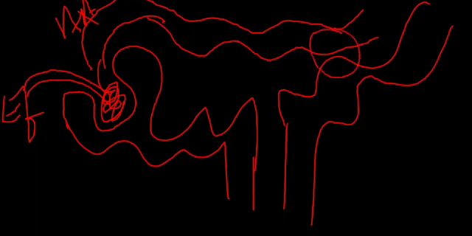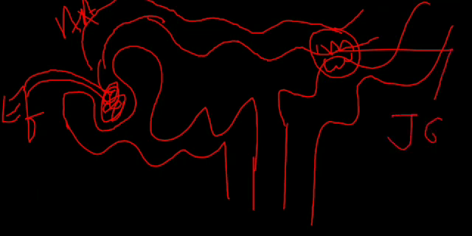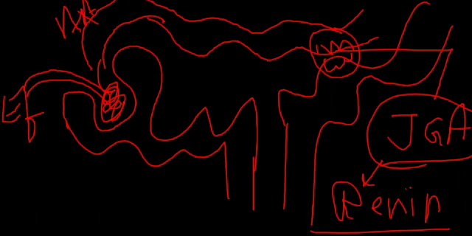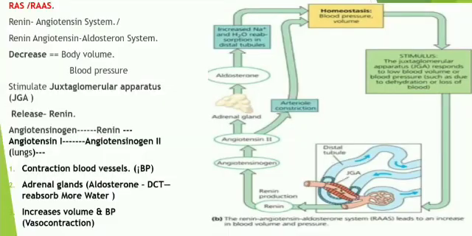In this part there are some cells, and these cells are known as the juxtaglomerular apparatus, and these cells produce one of the most important hormones, that is renin. Got it?